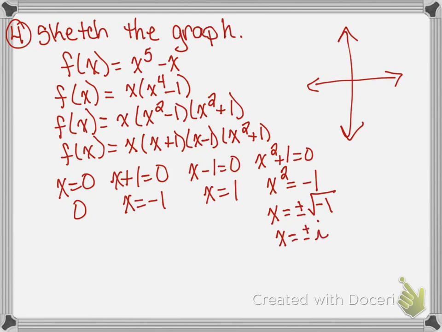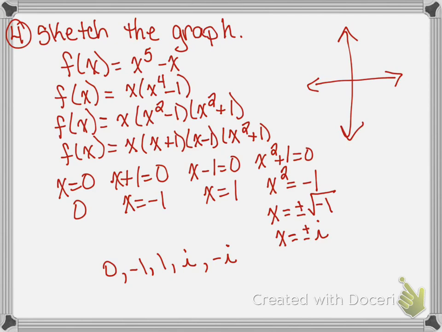So be sure that you understand that that is two solutions. That is positive i and that is negative i, because our complex solutions always travel in pairs. If we've got the positive, we have to have the negative, and that always happens. And also remember that i and negative i do not cross the x-axis.